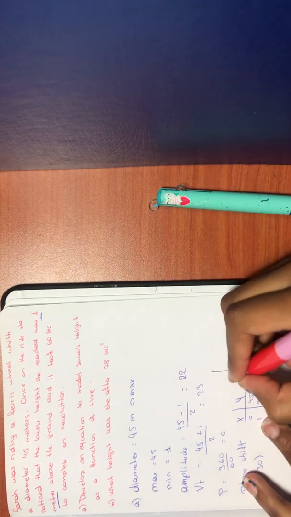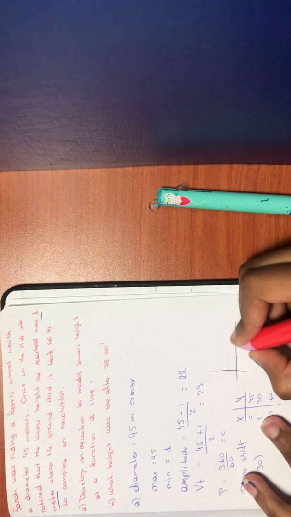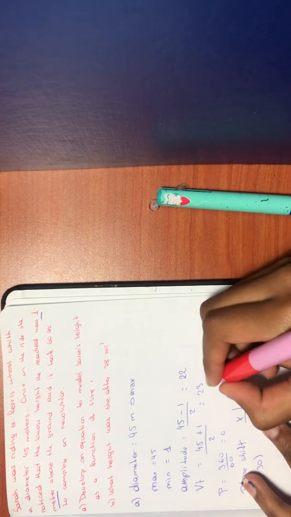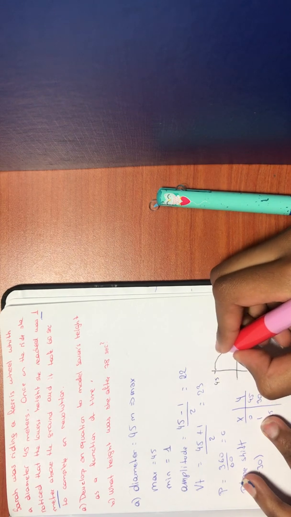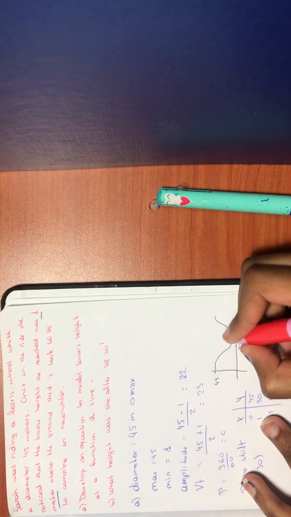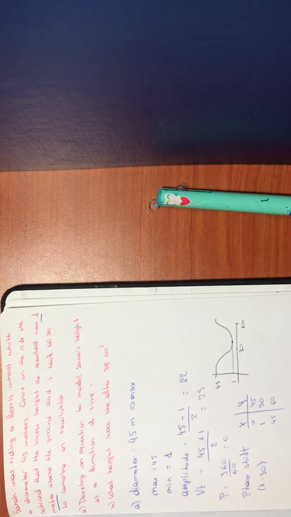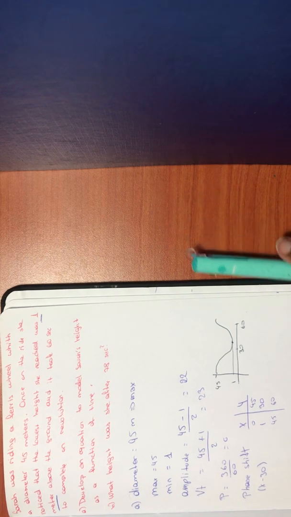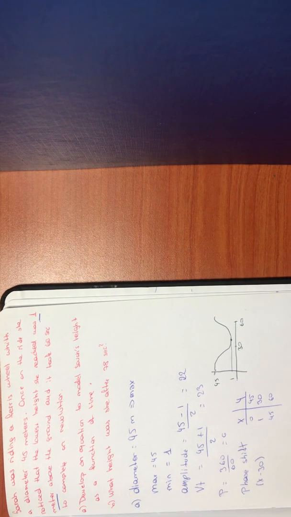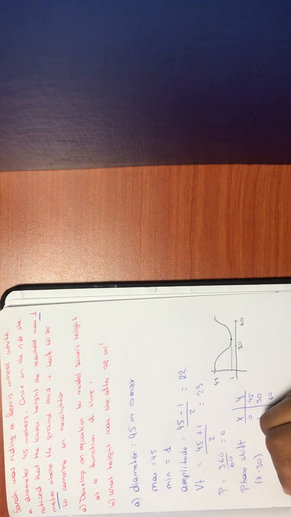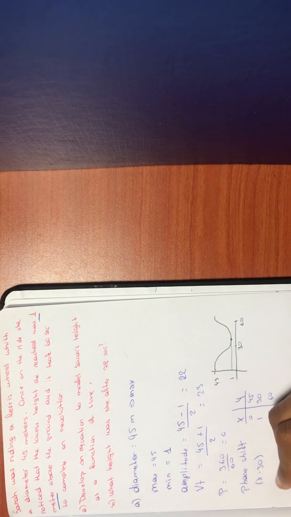So if you want to see just a little sketch of this, it's going to look something like this. So at 45, this is a 1. So basically that's what it's going to look like. So with that, I can finally find my equation. It can be either sin or cos, so I'm going to use cos.